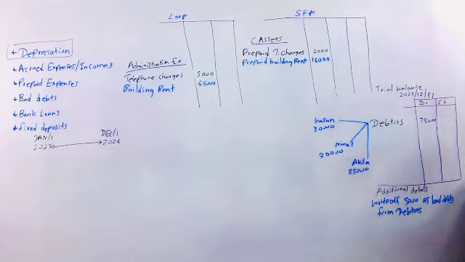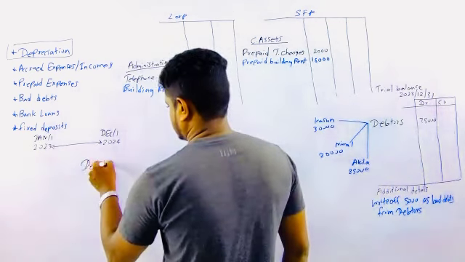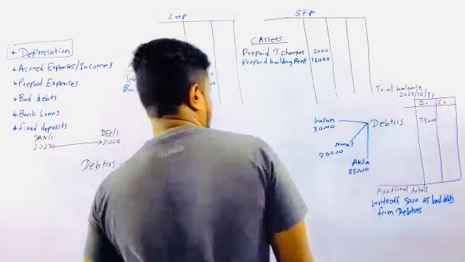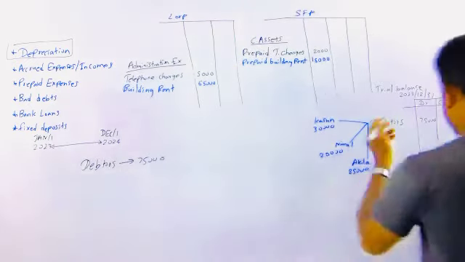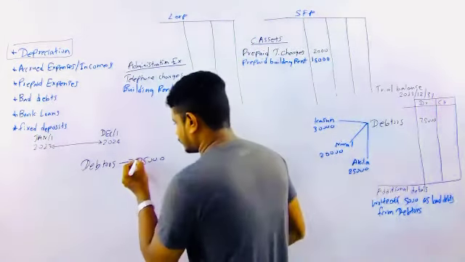So it means we have remaining debtors of 75,000, right? And they are saying cut off 5,000 from debtors. So what happens when we cut off?